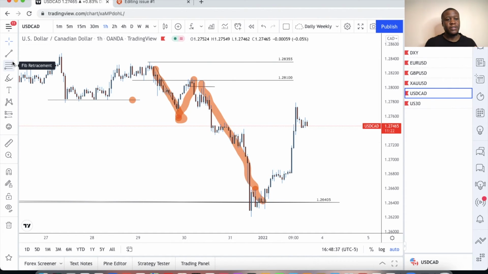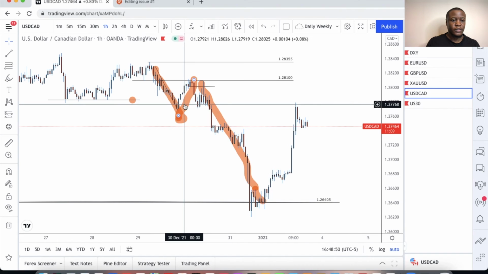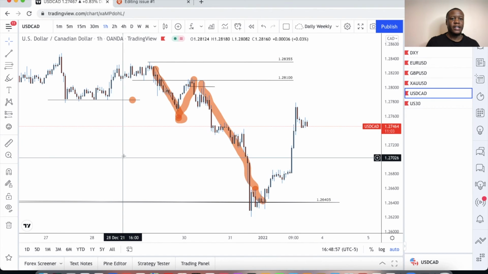If this is your trading plan, you will not take this trade because it does not fit the trading plan of having a risk to reward ratio of 2 to 1 or greater, unless you decided to hold it all the way down here. At the end of the day, it's up to you how you want to trade.